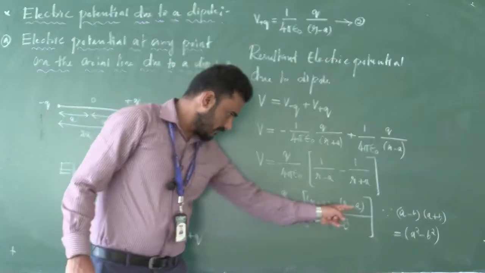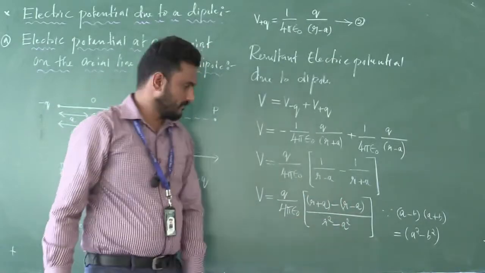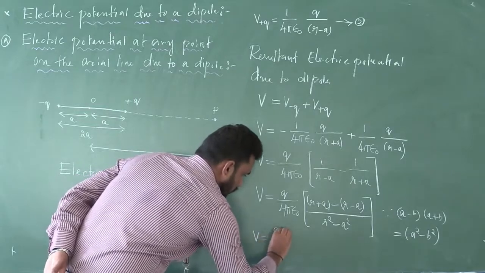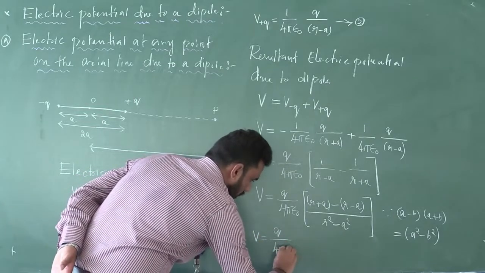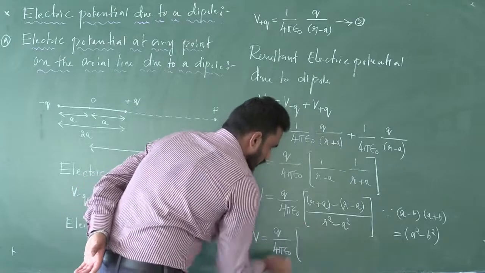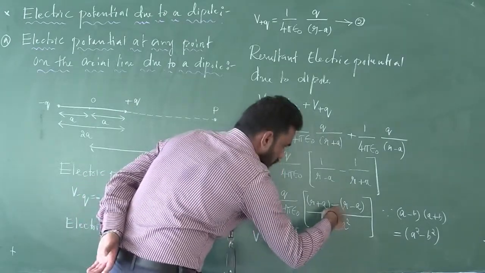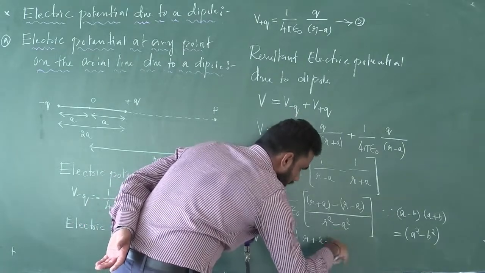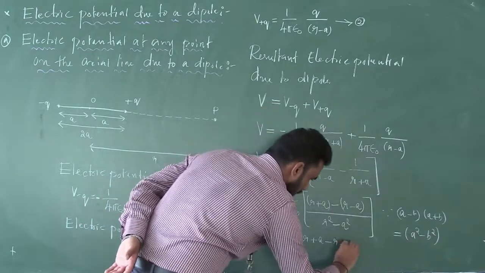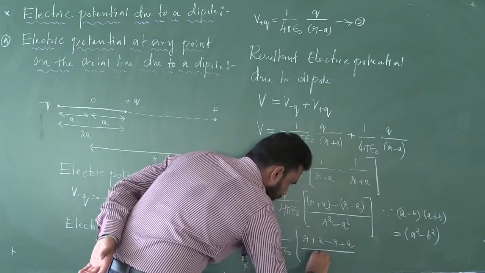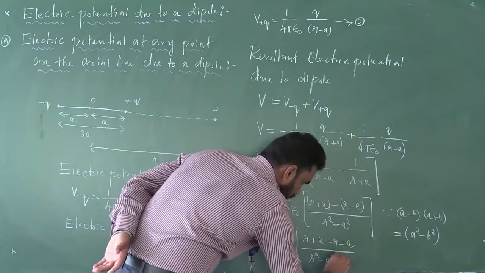Now I need to simplify this numerator. V is equal to Q divided by 4 pi epsilon naught, times r plus a minus r plus a, divided by r square minus a square.